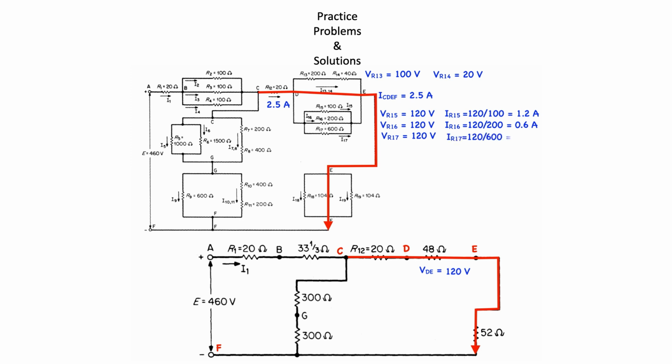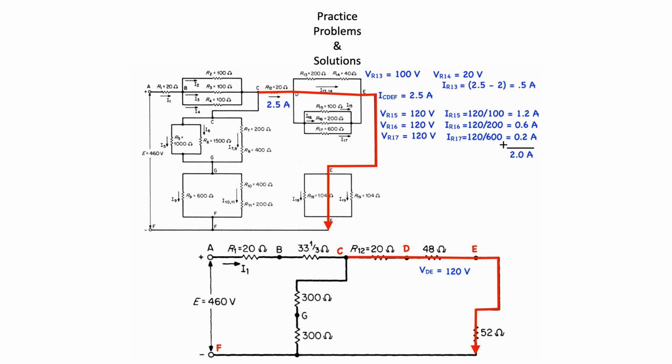And the current through R17 is 120 divided by 600, or 0.2 amps. These currents add to 2.0 amps, which means since the current through CDEF is equal to 2.5 amps, then according to Kirchhoff's current law, the rest of the current, 0.5 amps, must flow through R13 and R14.